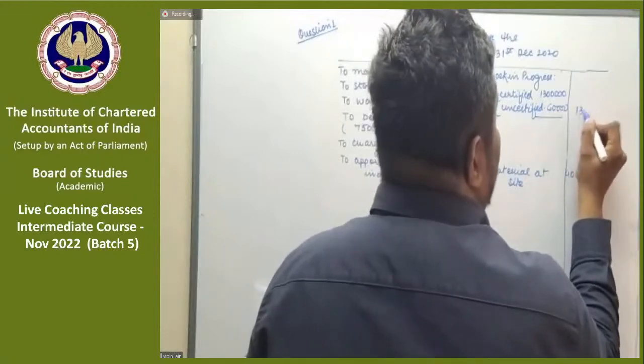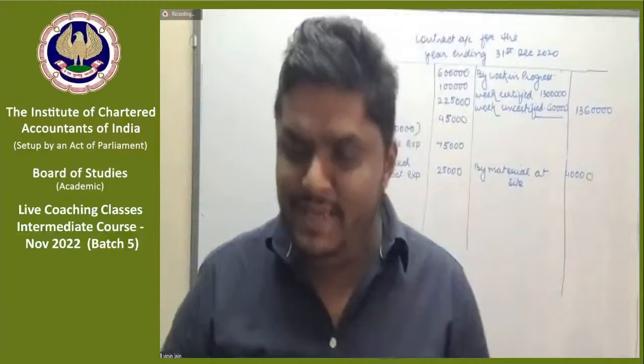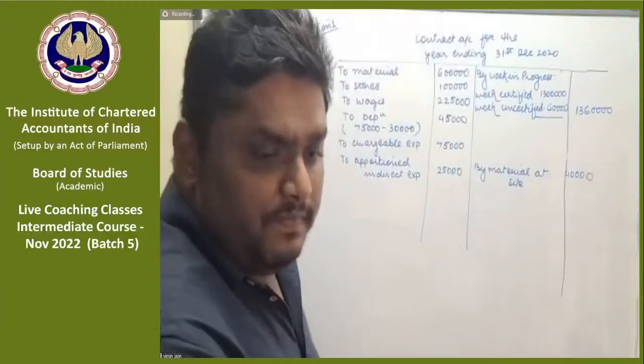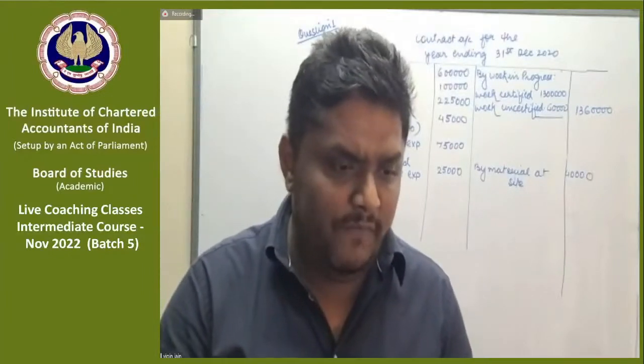So the final total is 13 lakh 60,000. All items are already considered. So we will calculate the notional profit. Many of you have calculated the notional profit.